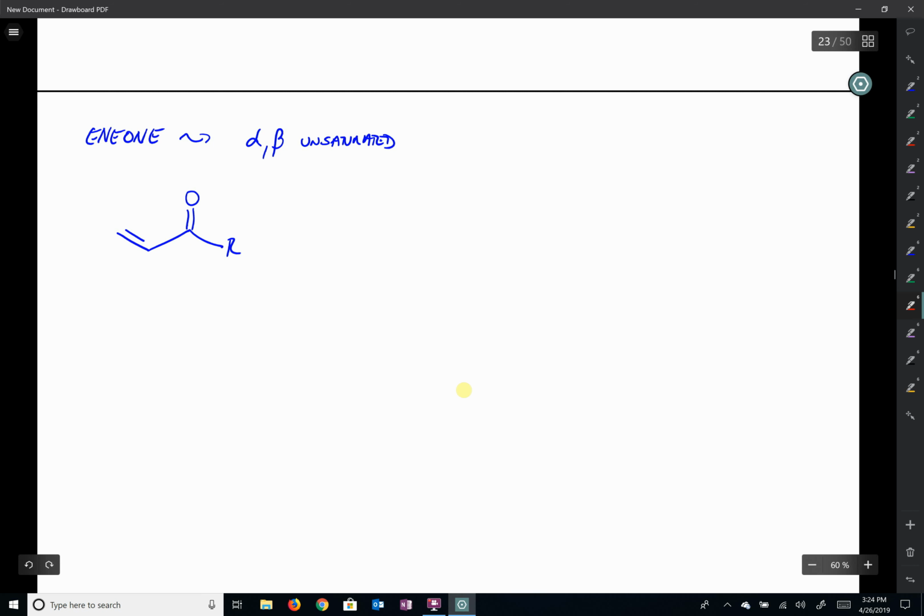If I take this generic alpha beta unsaturated ketone, and I put in some sodium ethoxide or sodium methoxide, then one thing that might happen is we will do an addition reaction, right? Where we just, whoop, right there.